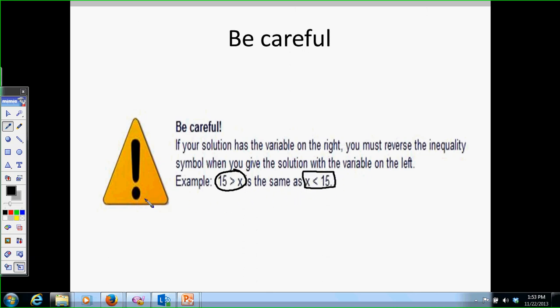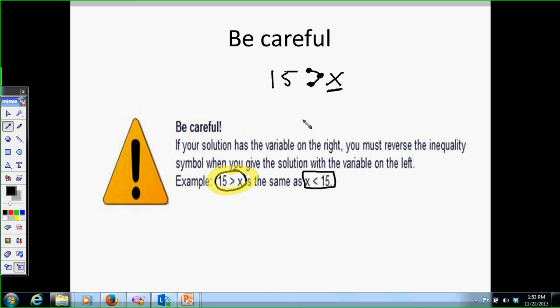The way I like to say it is this: always, no matter which way you're reading it from, start with the variable. If I have 15 is greater than x, but I read it from the variable, x is less than 15. See the point? X is less than 15.